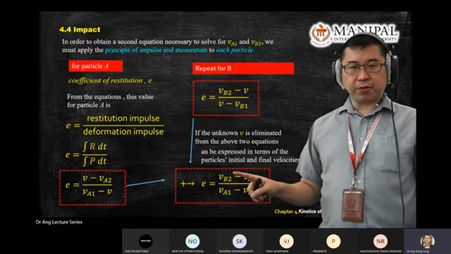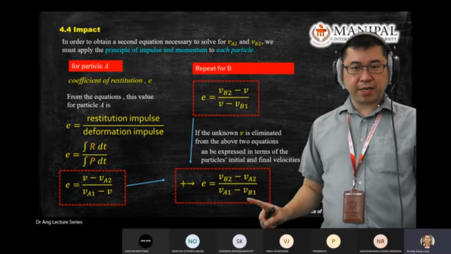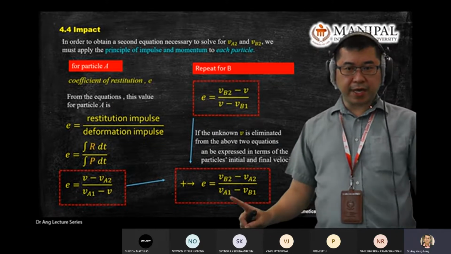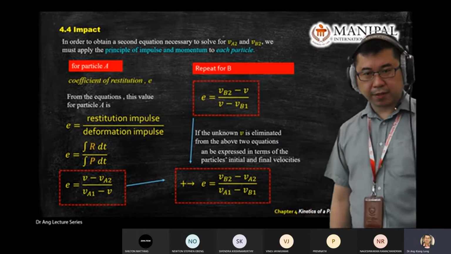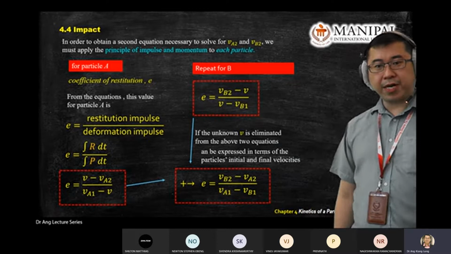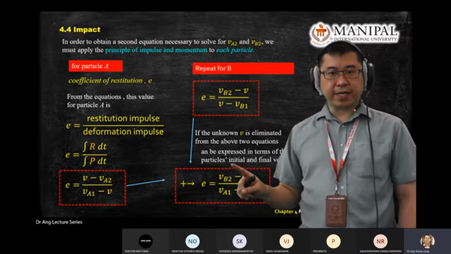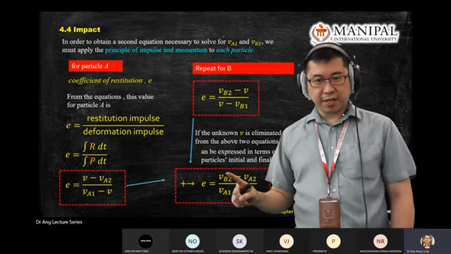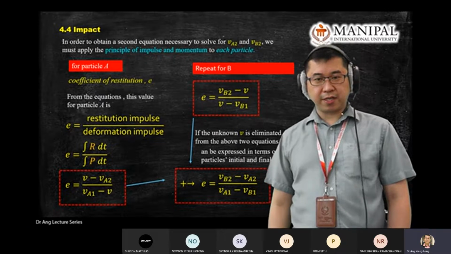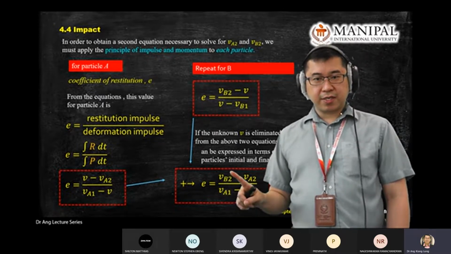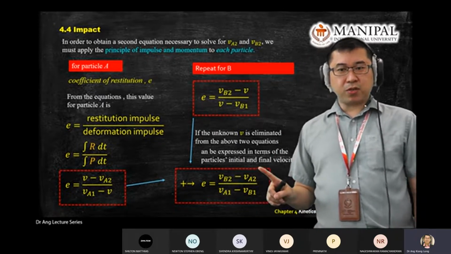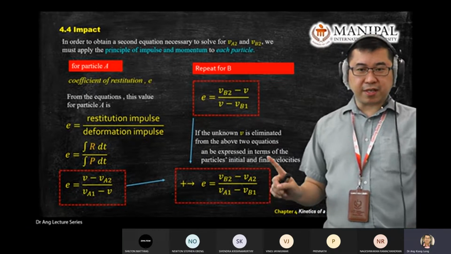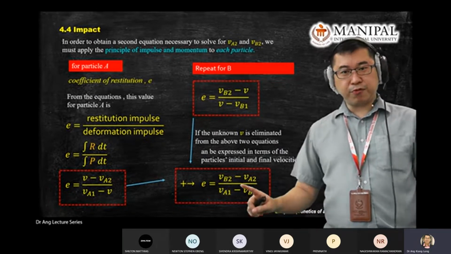So on the top, you take B minus A. Below, you take A minus B. Or how you memorize it, you always take the highest velocity minus the lower velocity. So what happened after the maximum deformation? B move faster than A, right?